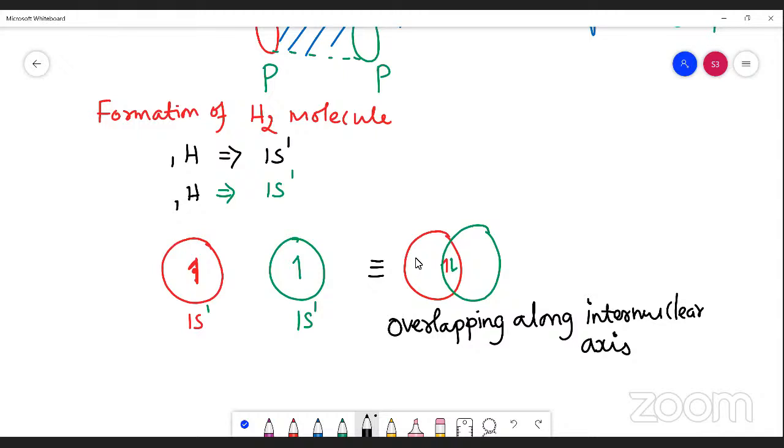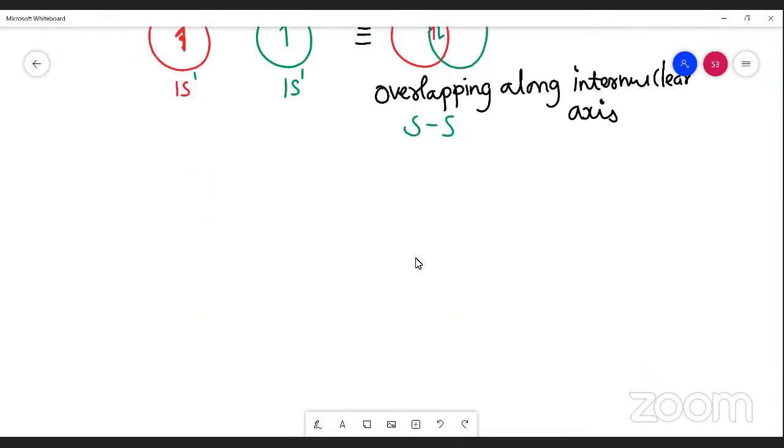So this results in the formation of overlapping along the internuclear axis. And what is the type of overlapping we found here? The s-s overlapping. And next we can take one more example, p orbital overlapping.